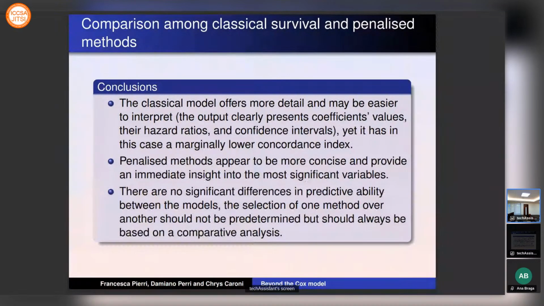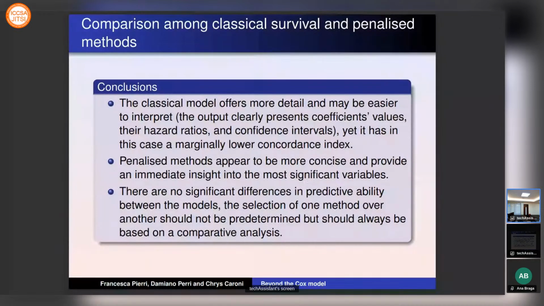As conclusion, the classical model offers more detail and may be easier to interpret. The output clearly presents the coefficient values, the hazard ratio, and confidence interval, yet it has in this case a marginally lower concordance index. Penalized methods appear to be more concise and provide an immediate insight into the most significant variables.